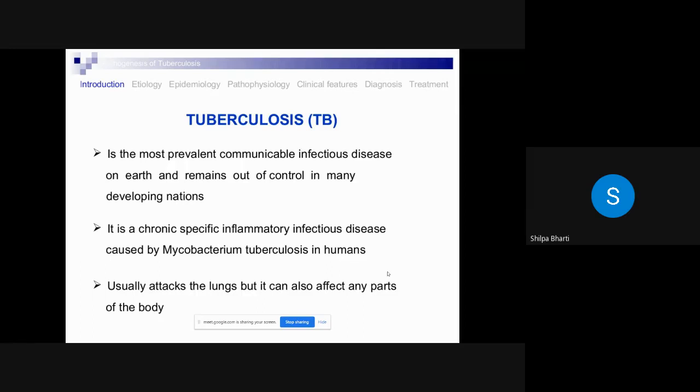This is a group of bacteria, and Mycobacterium tuberculosis is one of the main species which causes this disease, and as one of you told, it mainly infects the lungs. Basically, it is an inflammation of our lung tissue caused by Mycobacterium tuberculosis.